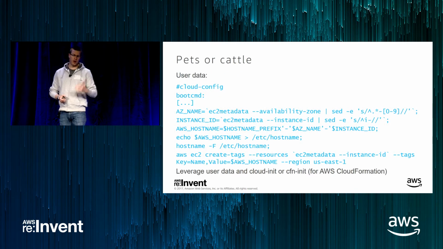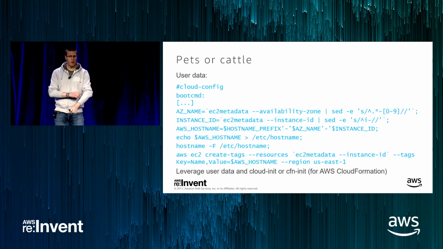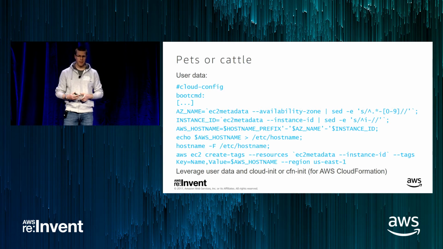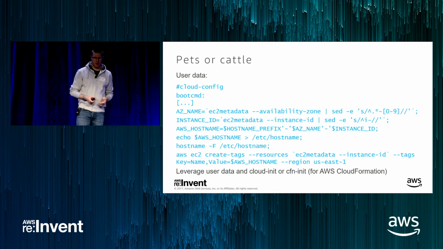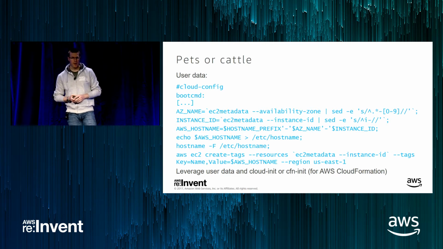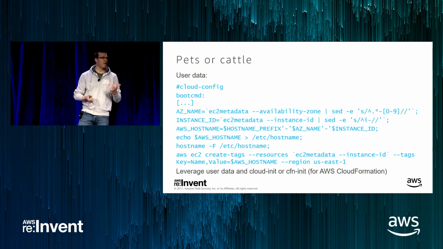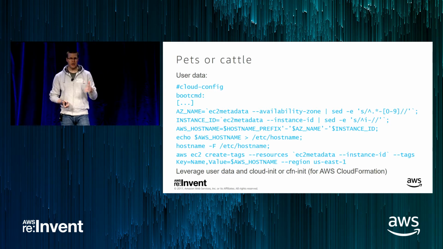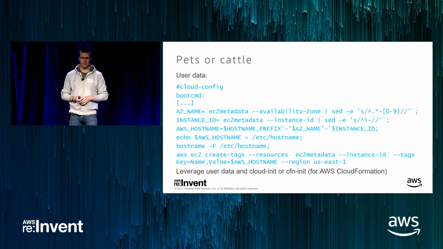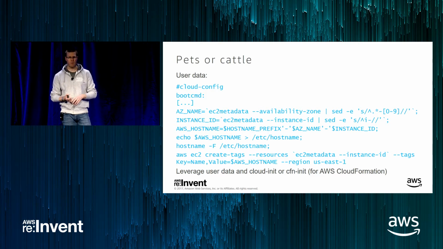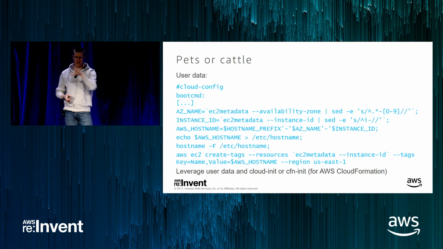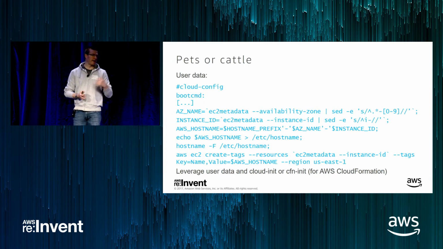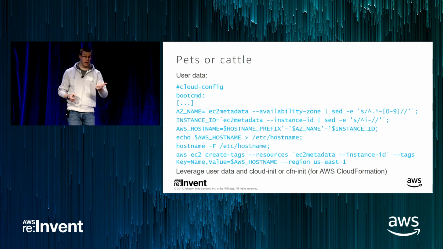So this is a script we're putting into our user data. With user data, you can use Cloud-Init or CFN-Init if you use AWS CloudFormation to, in this case, name your server. What we're doing here is just a boot command. We take out the availability zone name with the AWS CLI, nothing more than that. Then we do some bash scripting. We get the instance ID from the EC2 metadata.